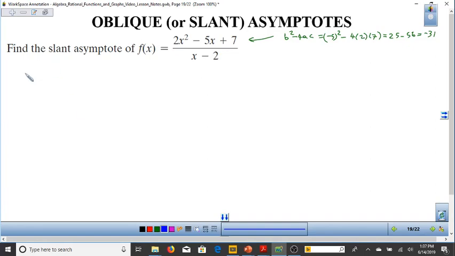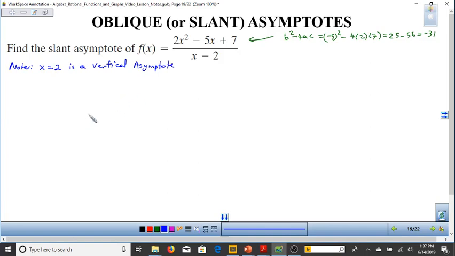Let me just put a little note here. Note that x equal to 2 is a vertical asymptote. It's the only one for this function.